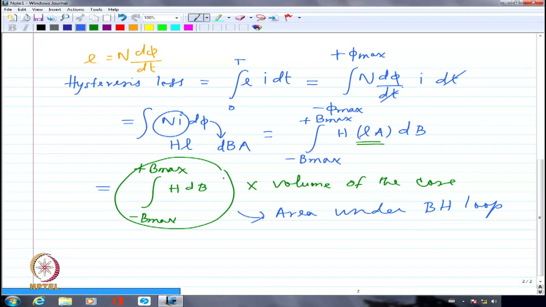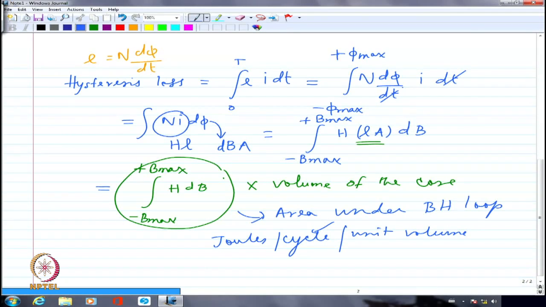I have to make sure they are plotted in the correct scale. Then the area under the curve will give me joules per cycle, because for one cycle it traverses one BH loop. If I go through the cycle again, it will again lose the energy covered under the area of the BH loop. So it is loss in joules per cycle per unit volume.